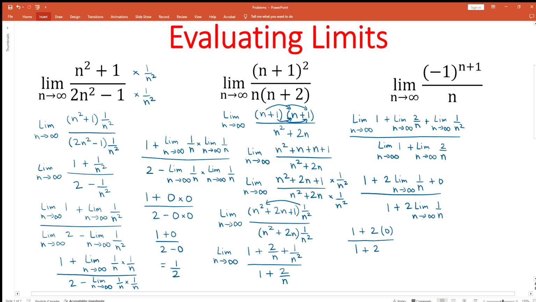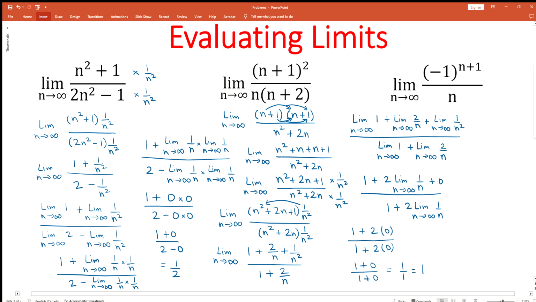We get 0 in the denominator as well. I get 1. This is the value of the second limit.